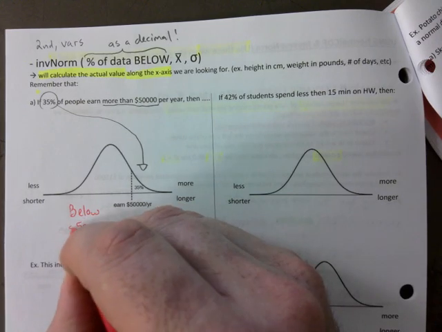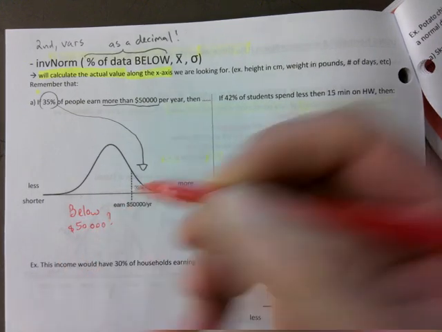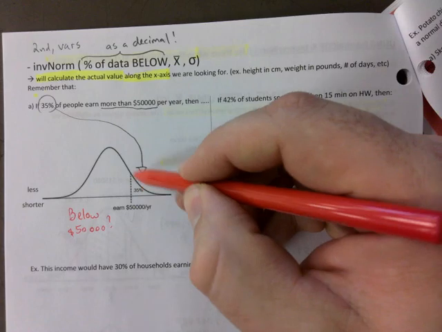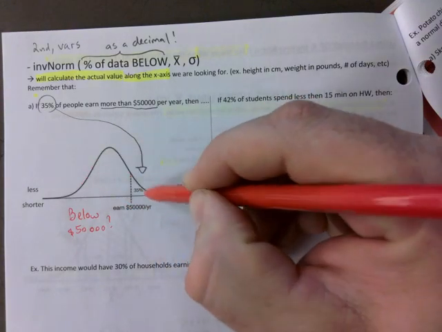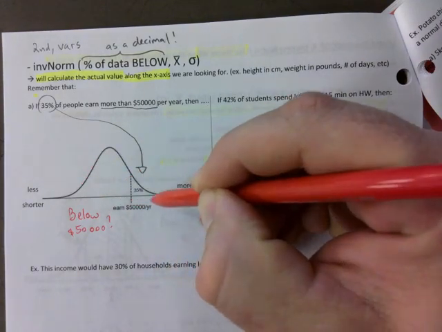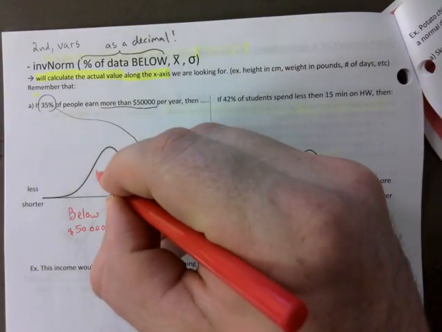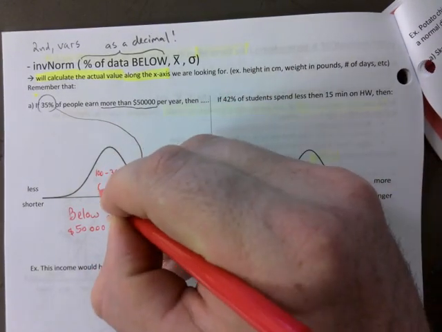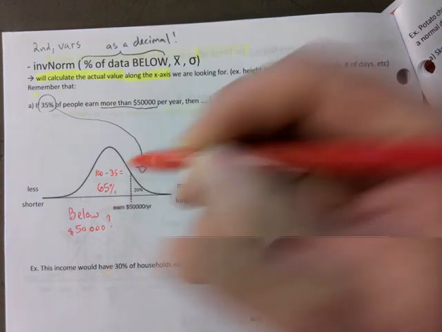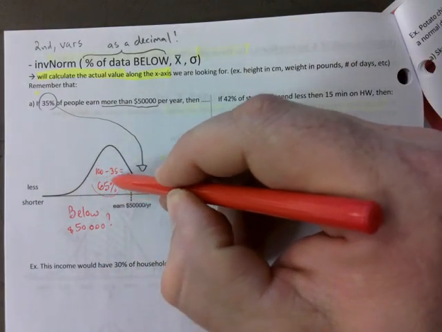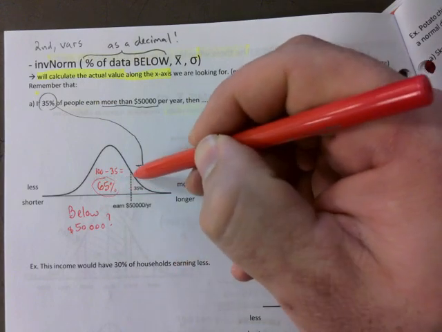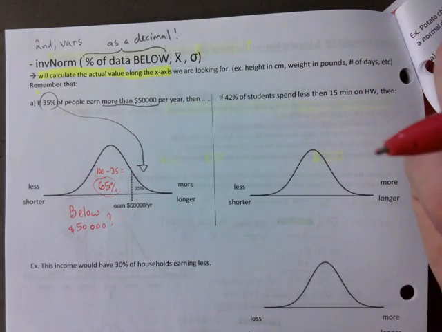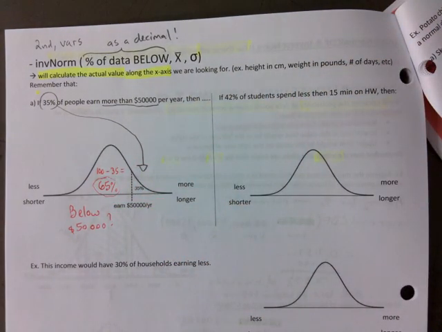Below 50,000. That is the question. The entire curve is always 100%, so we go 100 minus 35. So we know that this is 65%. This is what inverse norm always wants, the percentage to the left, or earn less.